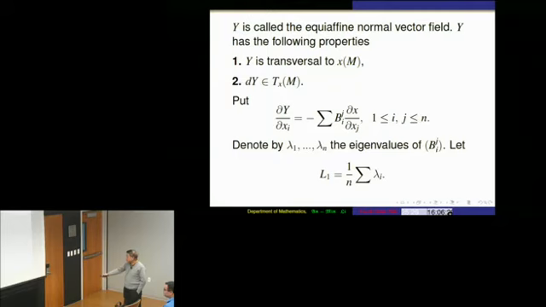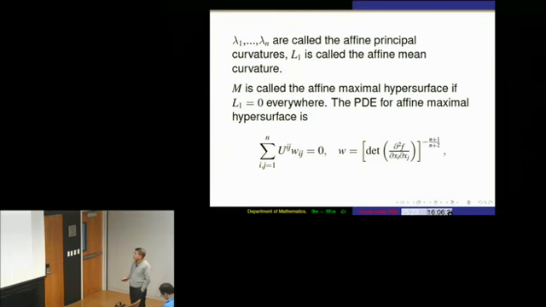And let L_1 equal sum lambda_i over n. Then in affine differential geometry, people proved that lambda_1 up to lambda_n are affine invariants, called the affine principal curvatures, and L_1 is called the affine mean curvature.